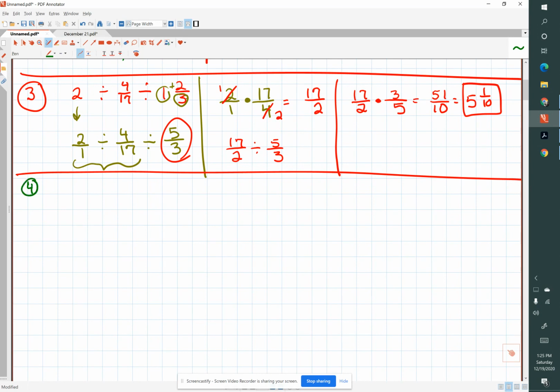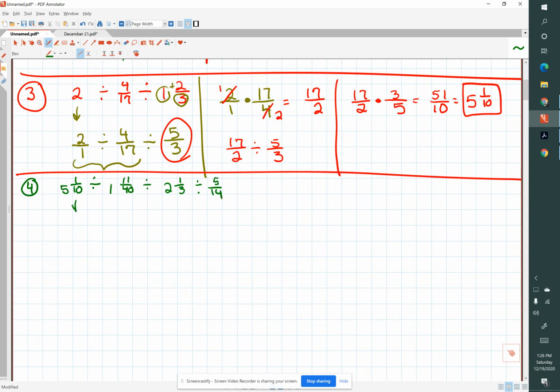And we have 5 1/10 divided by 1 11/40 divided by 2 1/3 divided by 5/14.